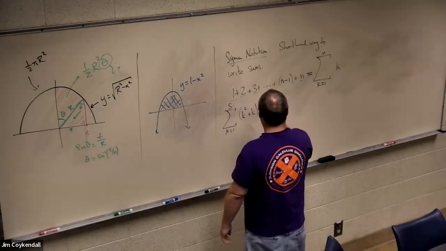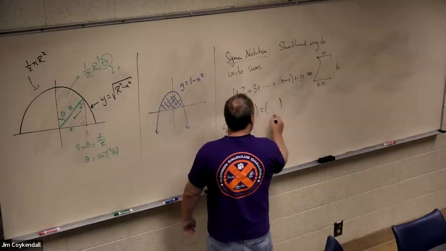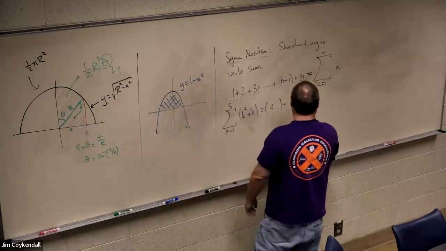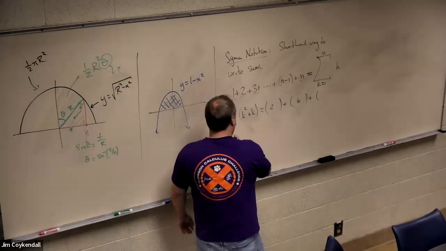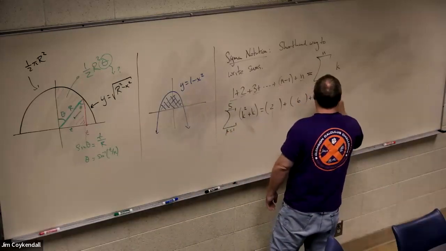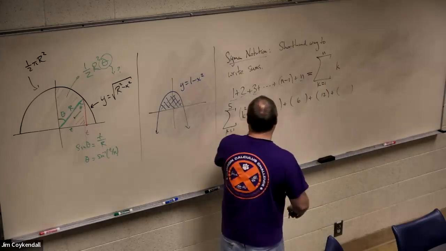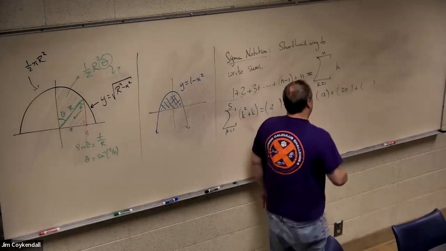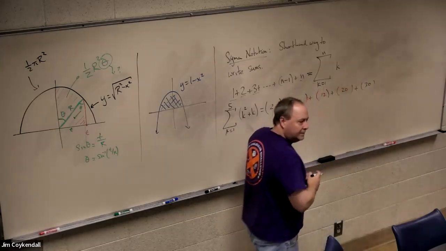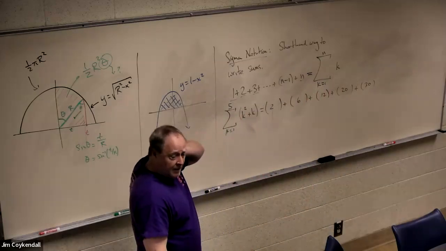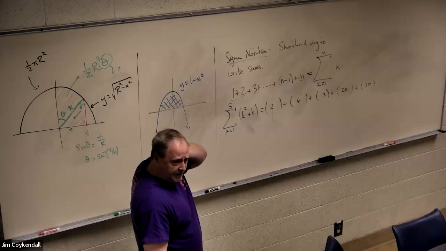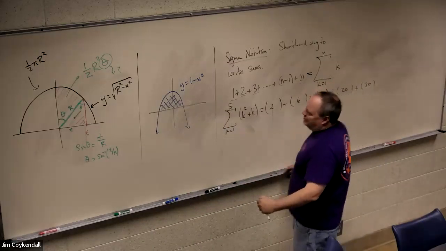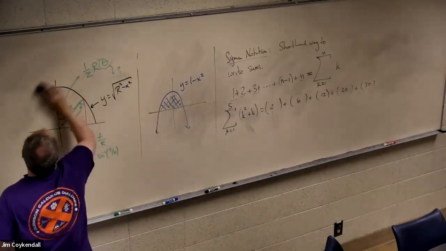The first term, k equals 1, is 2. k equals 2 is 4 plus 2 is 6. k equals 3 is 9 plus 3 is 12. k equals 4 is 16 plus 4 is 20. And k equals 5 is 25 plus 5. Let's see how I do. You don't have to start with 1, you don't have to end with anything in particular.